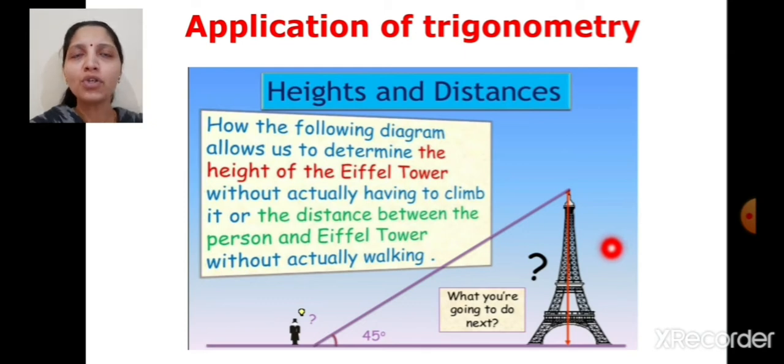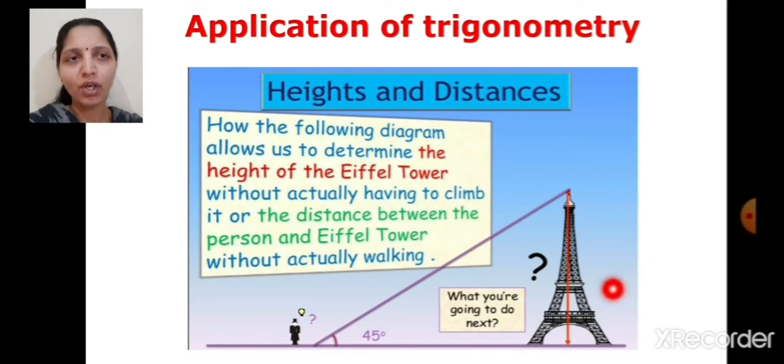Now to calculate the height of any tall object with the help of trigonometric ratios, first we have to draw a rough sketch to show the given information. So for that, you will consider the vertical object and you will draw a segment perpendicular to that object. So this will be your ground. Whatever perpendicular segment you have drawn, that will be the ground level.